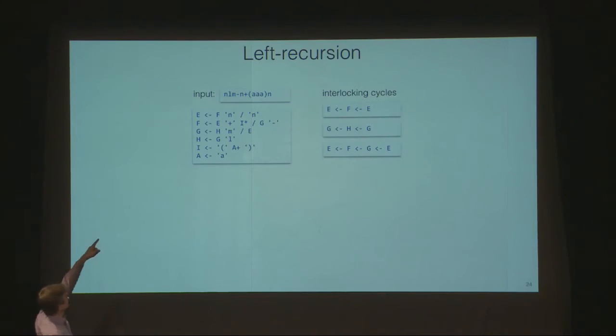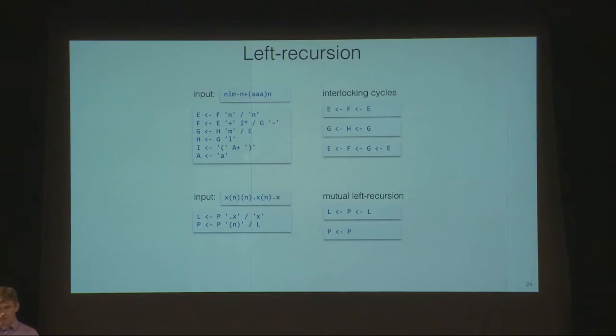We have E to F, but if the first option of F doesn't match, it tries G. G tries, if the first option of G doesn't match, tries E, and we're back at E. And they interlock, so from one point, it can left recurse in multiple ways. Another example, and this can actually be observed in grammars of existing programming languages.